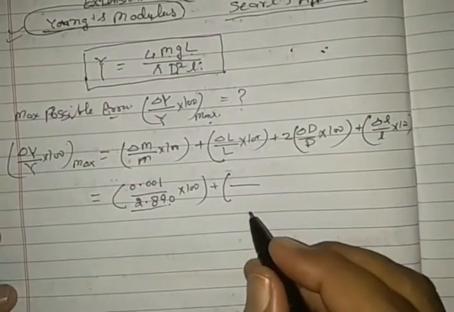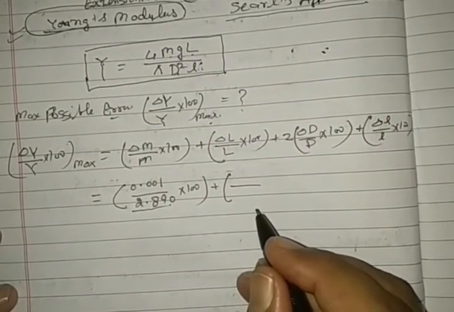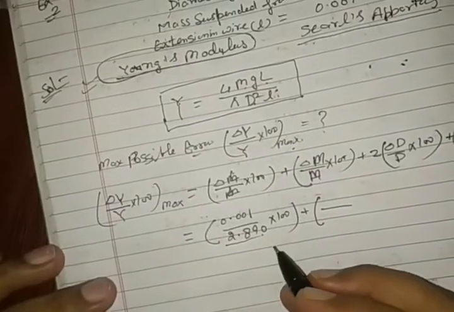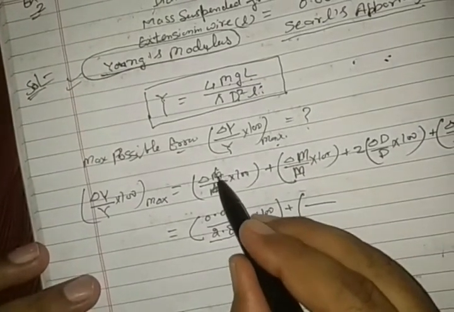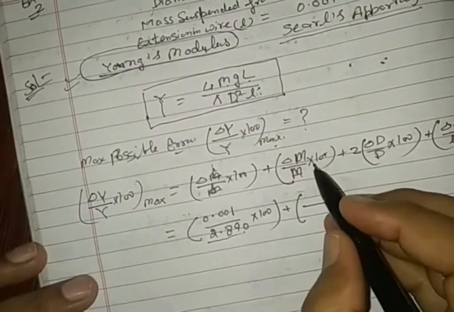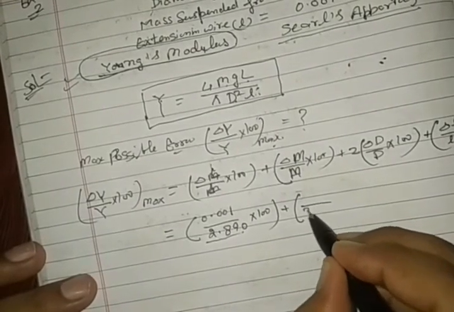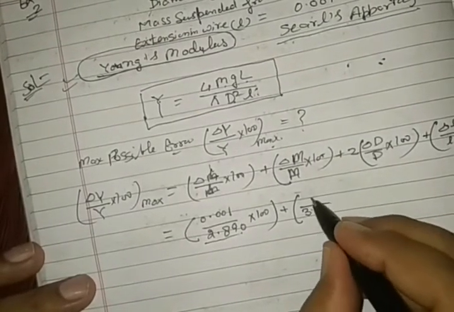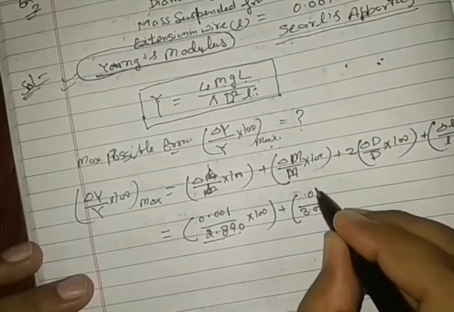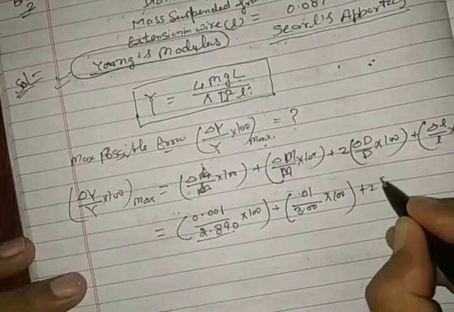Capital L is given. This is not M, capital L. So capital L value is given. Now capital M is given here as 3.00 kg. So here the least count is 0.01, see the point here and 2 digits, so 0.01 into 100, plus 2.